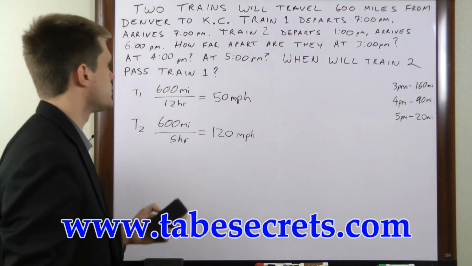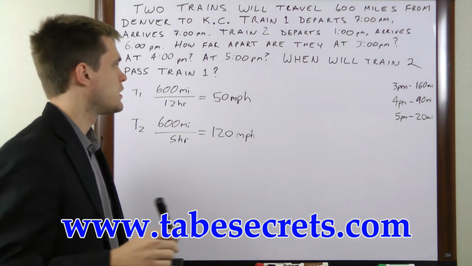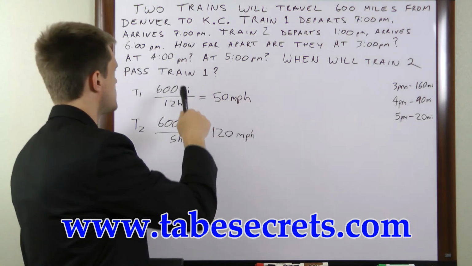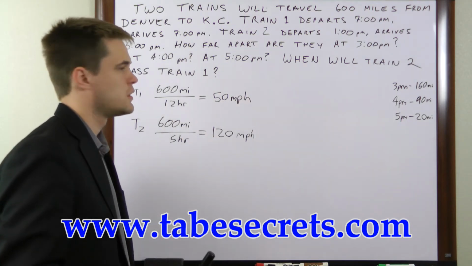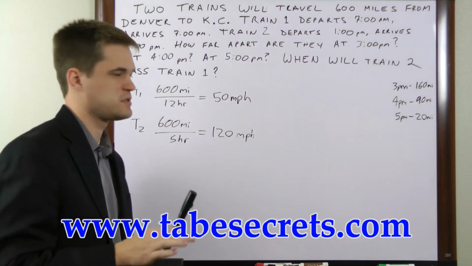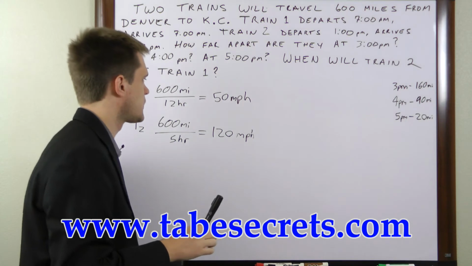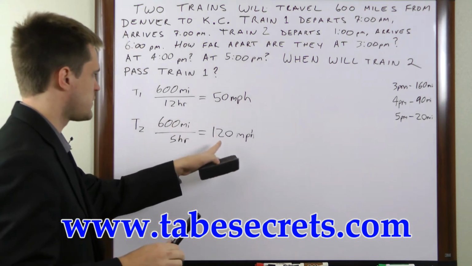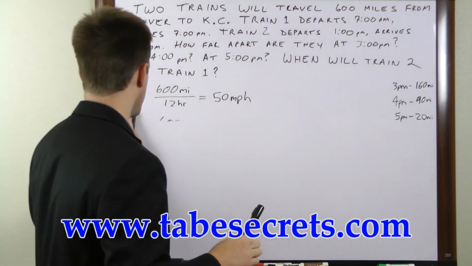Now what we need to do is find an equation that will tell us when train 2 will pass train 1. So to do that, we need to describe the position of the 2 trains and then set them equal to one another. So we know train 1 is 50 miles an hour, train 2 is 120 miles an hour.